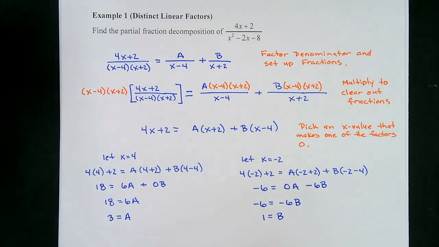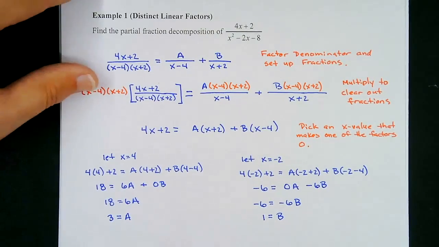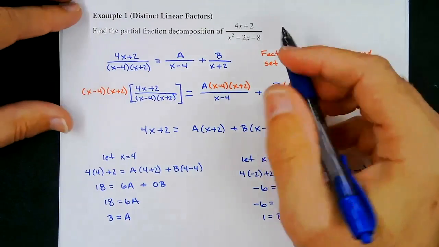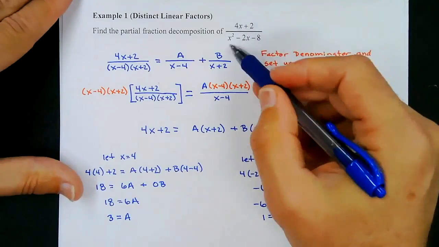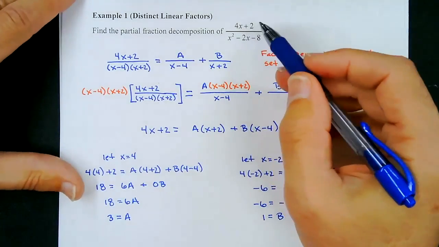All right. So we've broken it up. That means, what two fractions could I add or subtract together that would give me this original fraction?